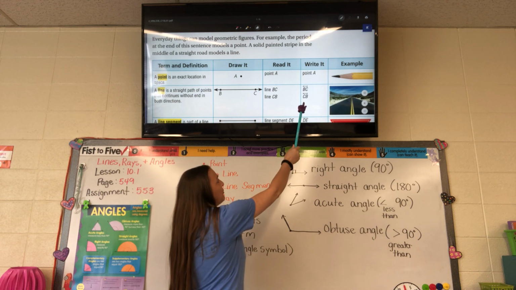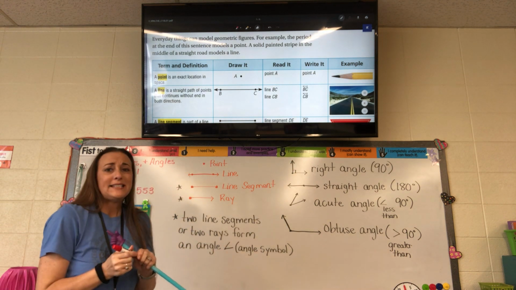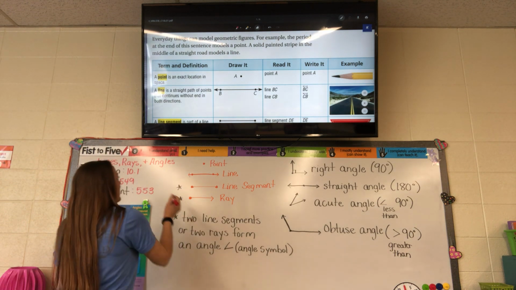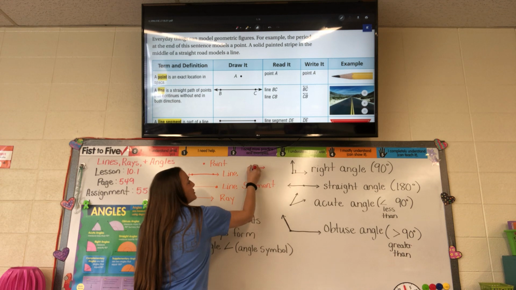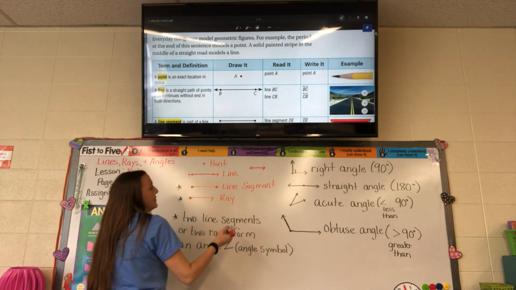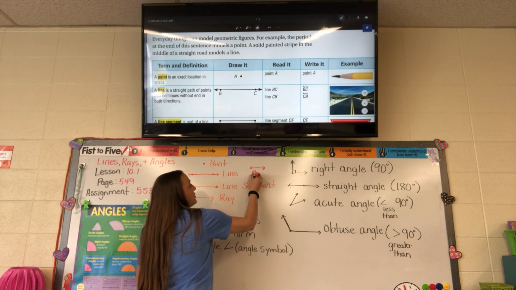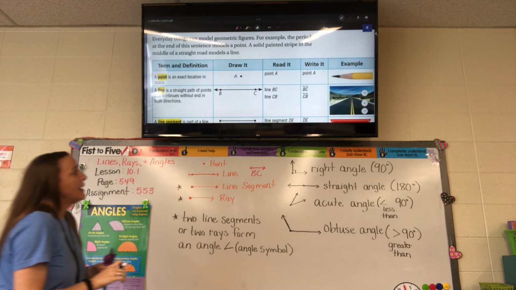And then the way that we write a line in geometry to identify it is we make a mini line with arrows above it. The arrows above it are important. And then we write the letters underneath it.